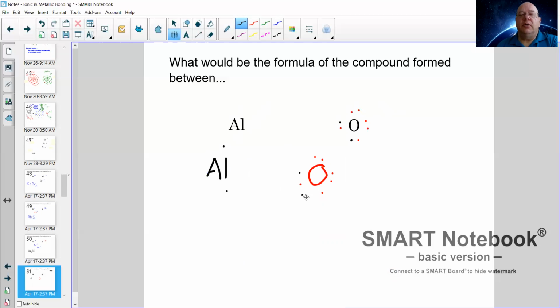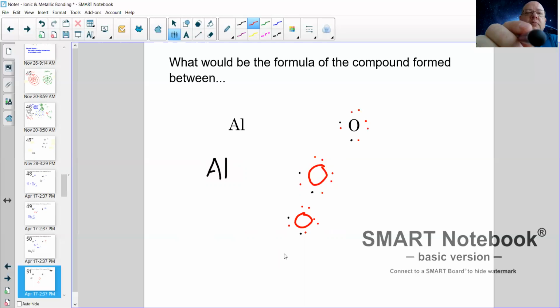All right, this oxygen could take that electron. Now this oxygen's happy, but this aluminum still has 2 electrons. So what do we do next? Well, what if there's another oxygen in the neighborhood with its 6 electrons? It could take an electron from aluminum and another electron from aluminum. And I think we got there, right?